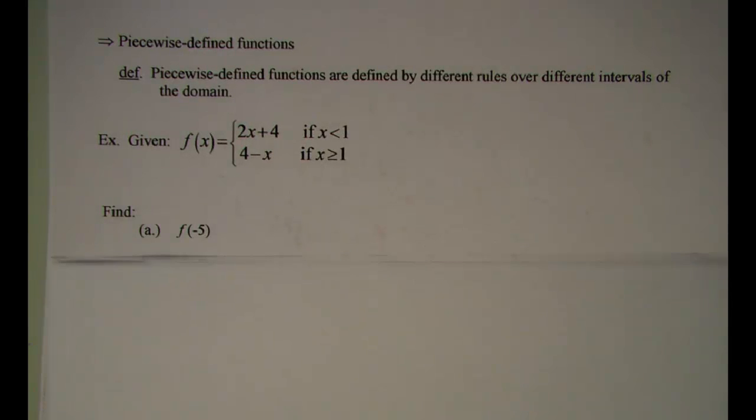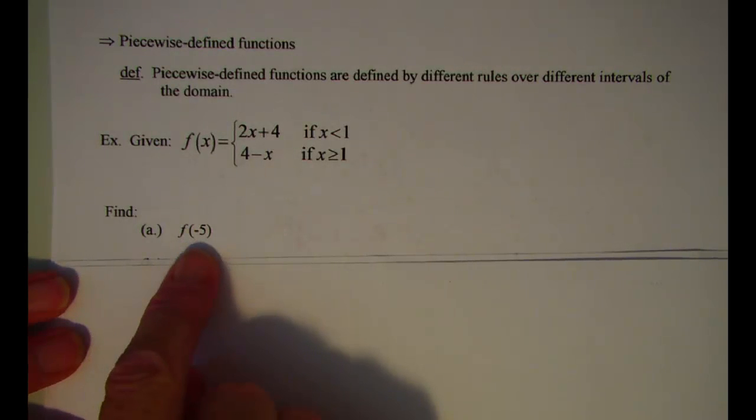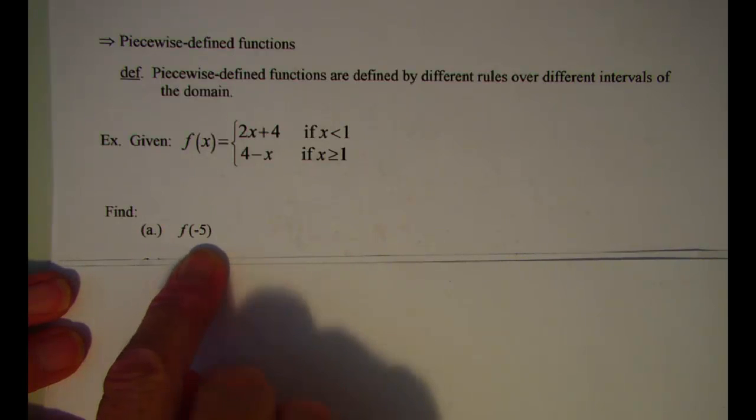Now we can evaluate functions with piecewise defined functions. If I were asked to find f of negative 5, that means x is equal to negative 5, and I want to find the y value that's associated with that.